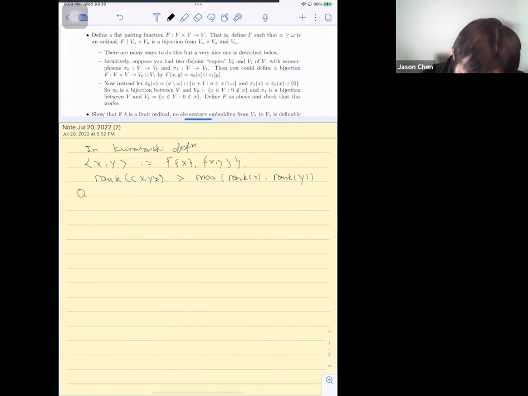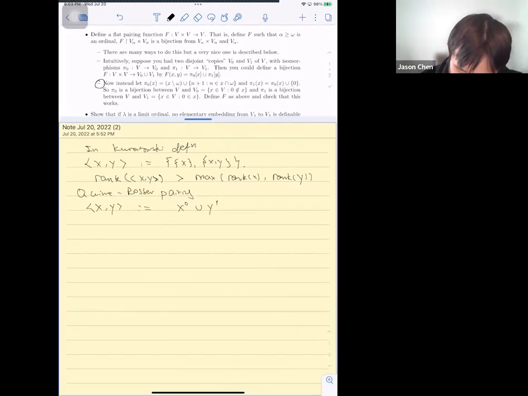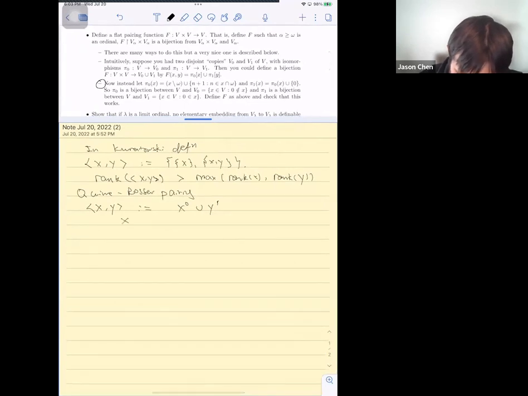So the Quine-Rosser pairing does the following. You want to define the pair X and Y to be this set. I'll explain the notation later. Basically the definition is like this. But the point is, look at X. It's got a bunch of members.